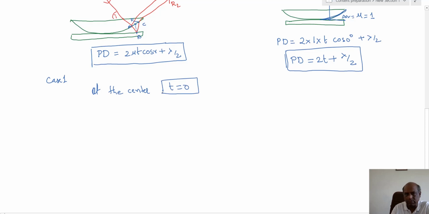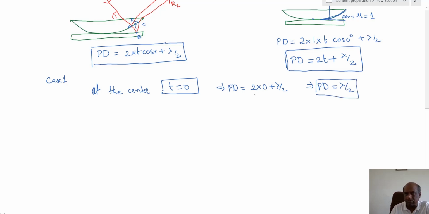Substituting t equal to 0, path difference is equal to 2 into 0 plus lambda by 2, so the path difference becomes lambda by 2.